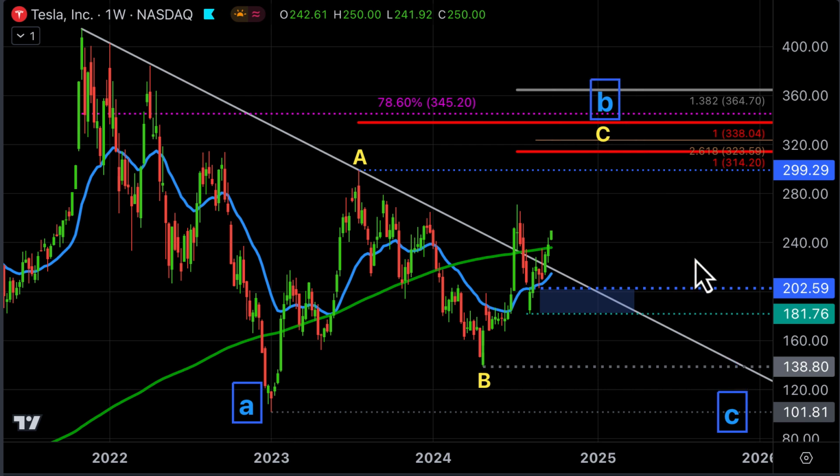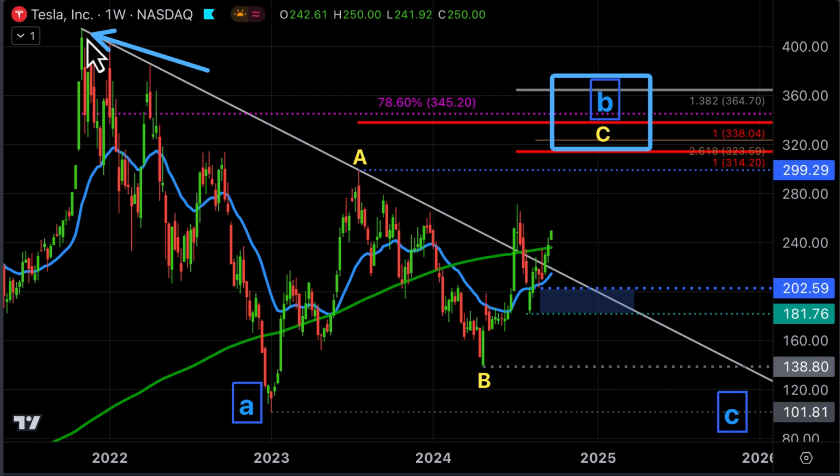Even though I think that we will see a top in Tesla sometime next year, if not this year, I think we'll see a top in this zone. By the way, I know some of you are probably thinking, could the B wave extend all the way to the highs that were made in 2021? Yes, it is possible. There is a possibility for this larger rally to extend even as high as the prior highs made in 2021. That is possible.